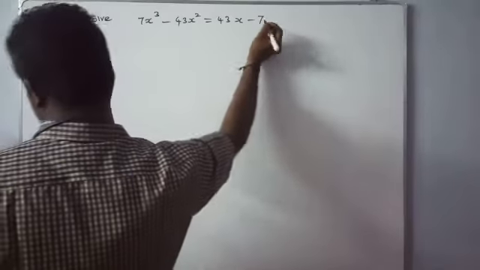Example 3.27. How to use this condition for this sum. Solve the equation 7x cube minus 43x squared equal to 43x minus 7.